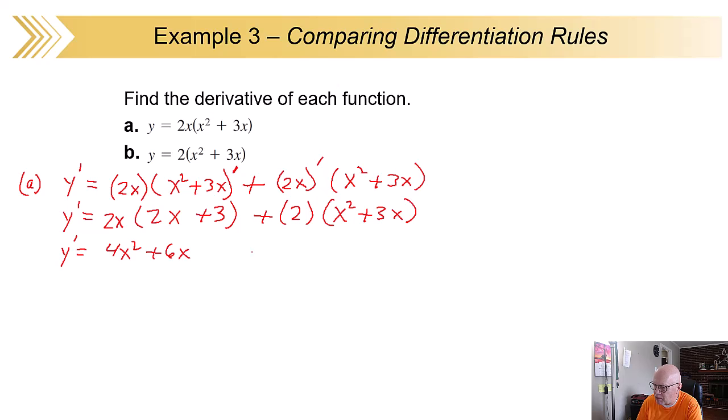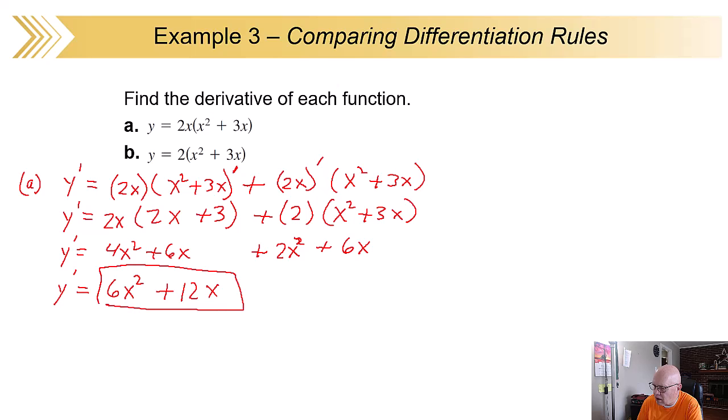And I'll just give a separation here for you. 2 times x squared is 2x squared. Plus 2 times 3x is 6x. All right. I think we're about ready to finish this up. So what do we have? We have 6x squared plus 12x. And there's my derivative of y, also called dy dx.